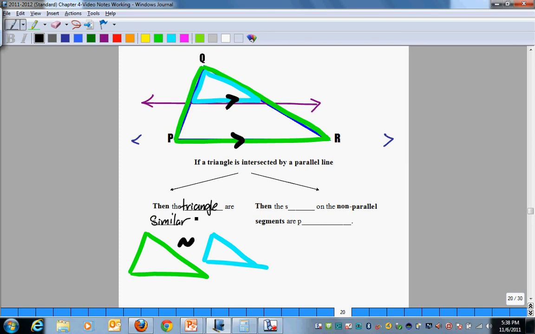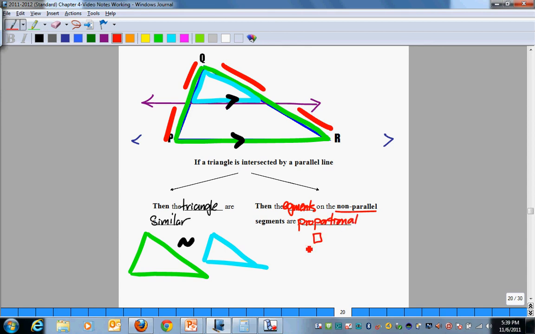A second way you need to see it is as one individual triangle, but the segments on the non-parallel sides are proportional.